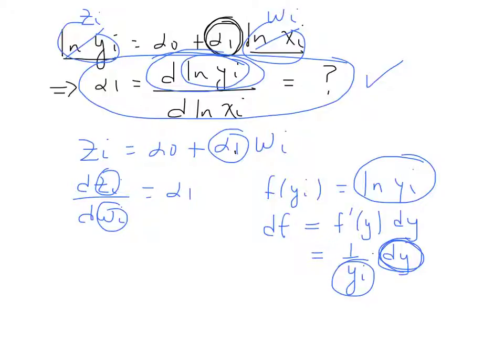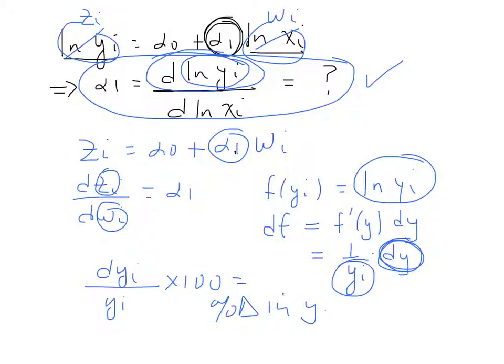If we were to multiply that by 100, the change in y over y times 100 would be the percent change in y. So dy over y times 100 equals the percent change in y.